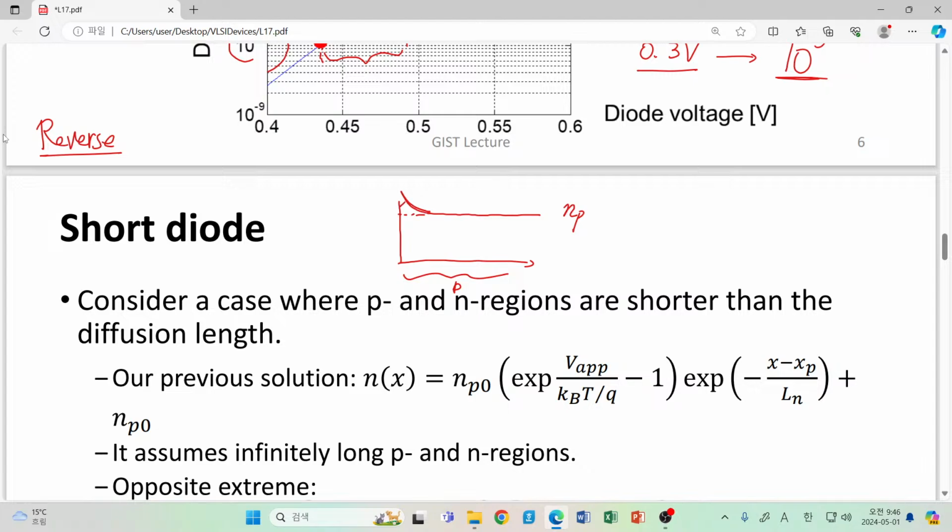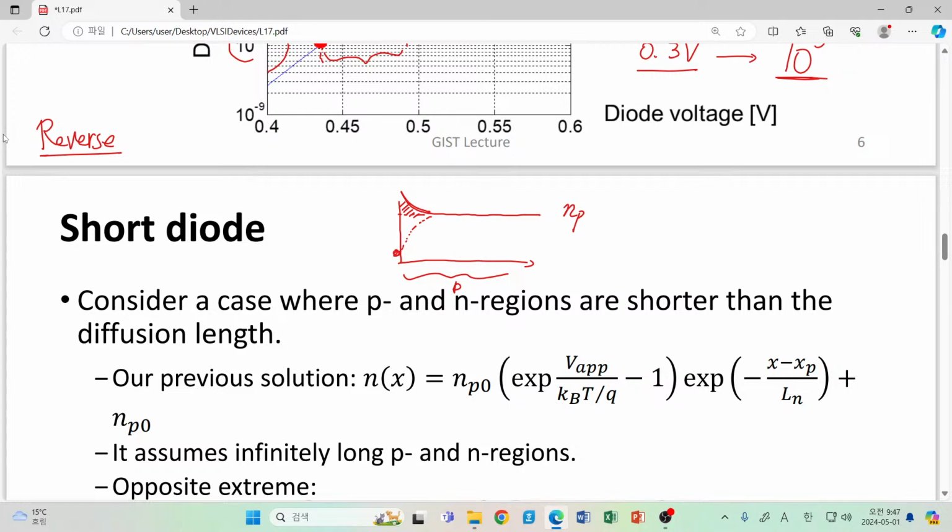We have additional excess carriers, but when you apply the reverse bias, then now instead of this one, you have an even smaller electron density. Why? Because our law of the junction is still valid in the reverse bias mode, so now we have smaller electron density.